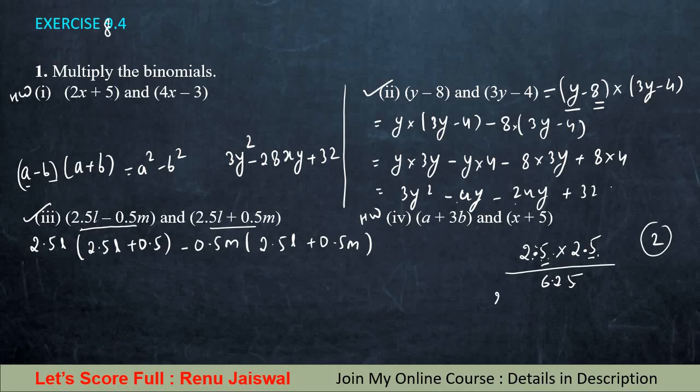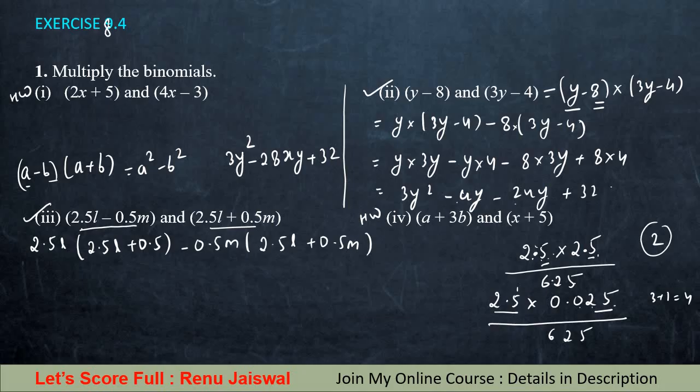Suppose the answer is 2.5, but here I have 0.025. So the multiplication of 25 and 25 is again 625. After the decimal I have 1 digit here and here 1, 2, 3 digits. So total 3 plus 1, 4 digits.